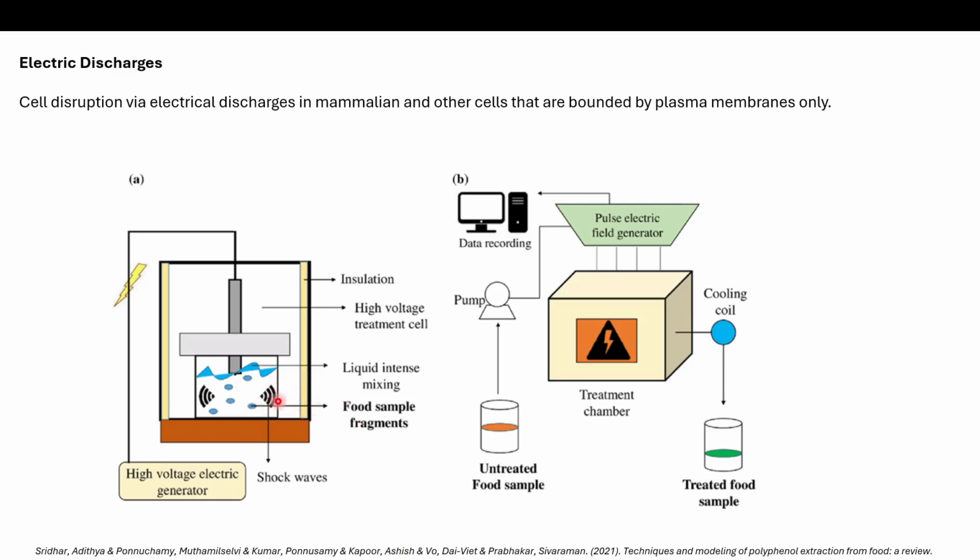These are food samples, and due to high voltage treatment, they are burst open, and you can get the products of interest spilled out of the cell, and then let that spilled out content go via downstream processes to ultimately purify the product of your interest.